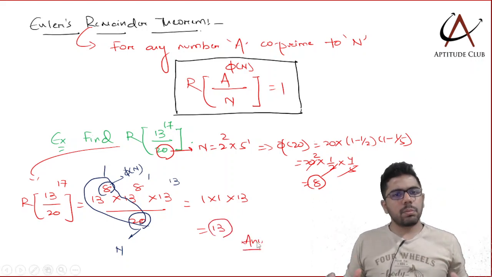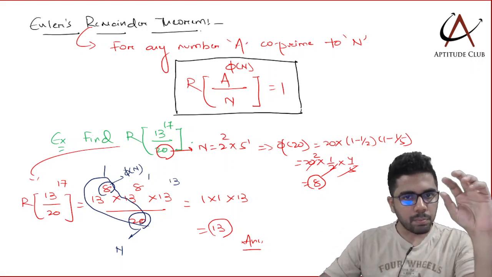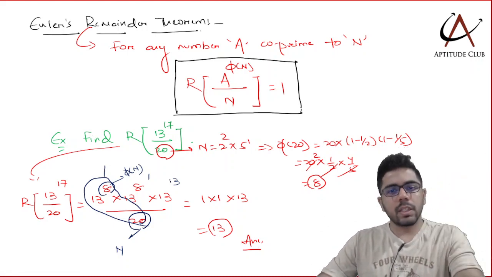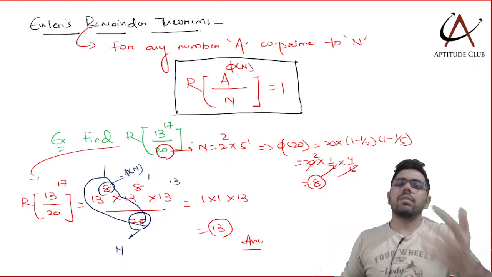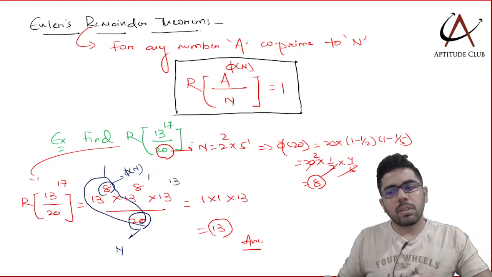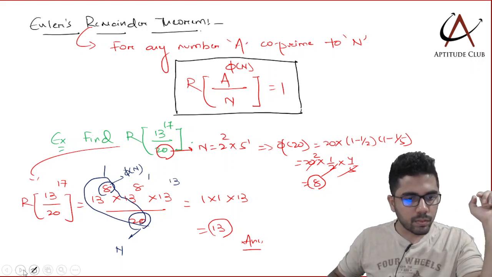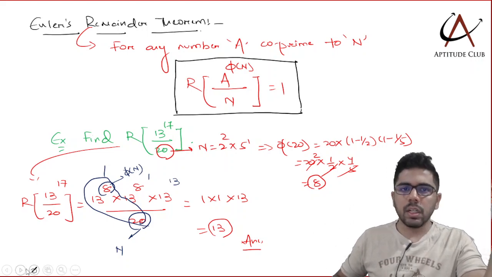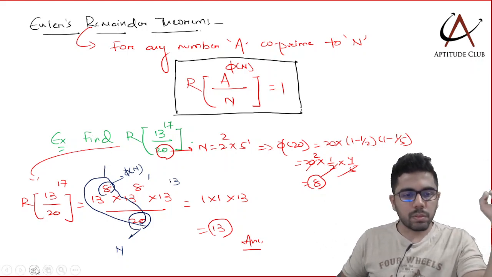Exactly the principle of Fermat's, but in Fermat's the divisor was prime and power was p minus 1. Here the divisor is n and the power is phi n. Actually Fermat's theorem is kind of a special case of Euler's remainder theorem, that whenever n is a prime number, then phi n is p minus 1. So the theorems are almost similar, but Fermat's was only for prime numbers. अब Euler's theorem in general तुम कोई भी number के लिए use कर सकते हो.